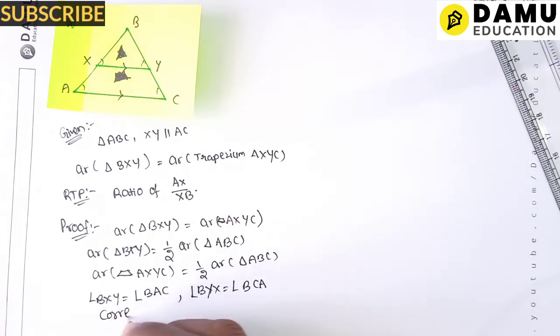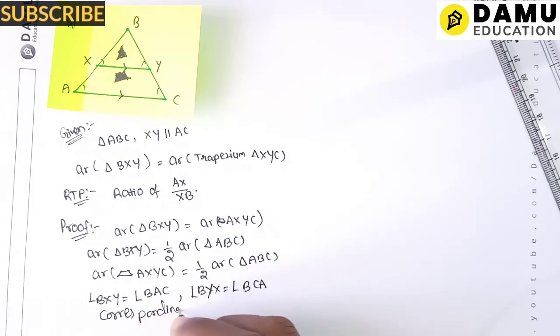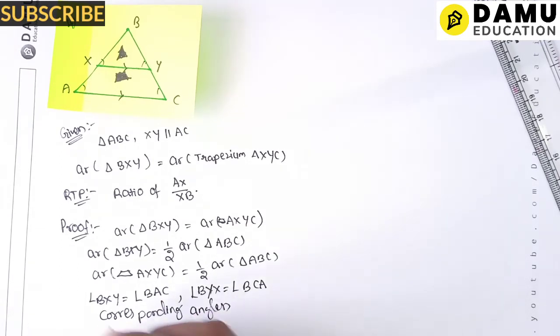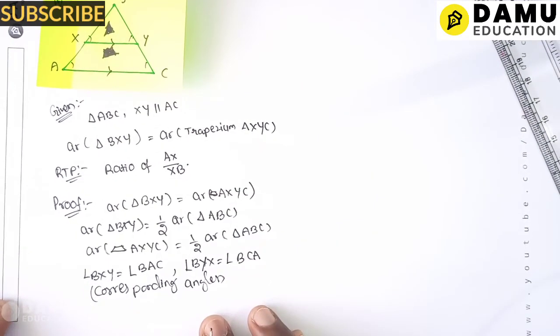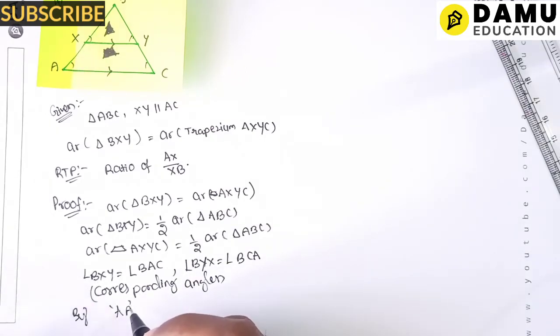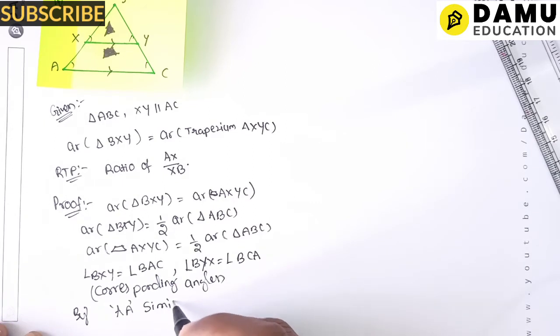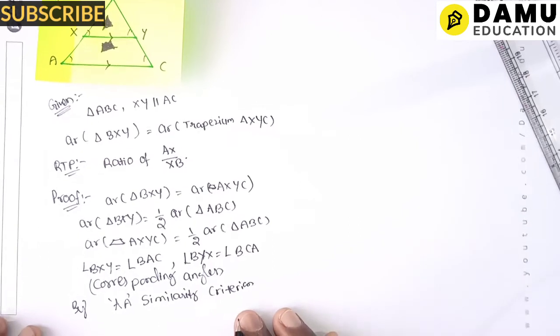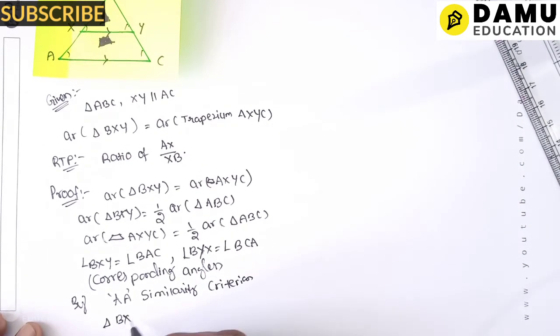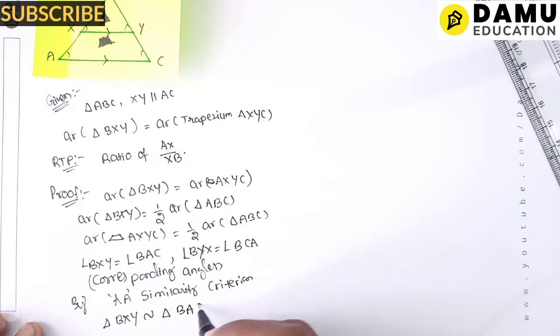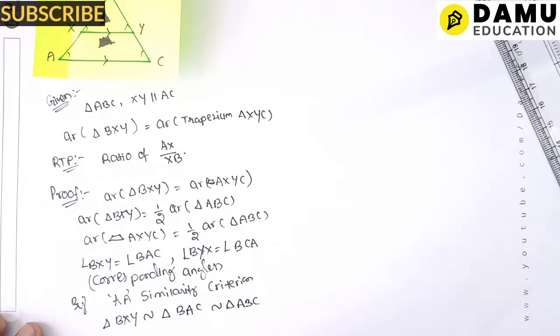Since corresponding angles are equal, by the AA similarity criterion, triangle BXY is similar to triangle BAC, that is, triangle ABC.